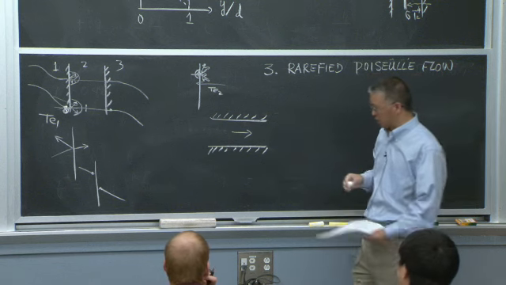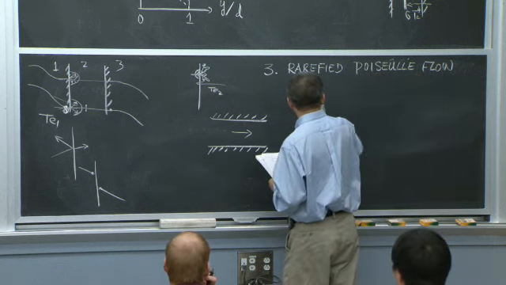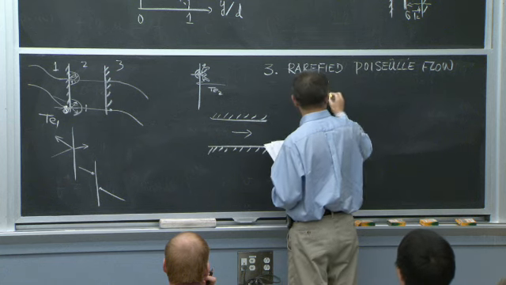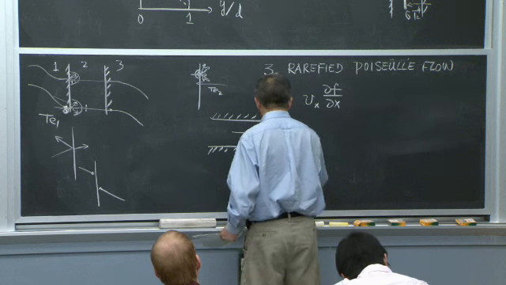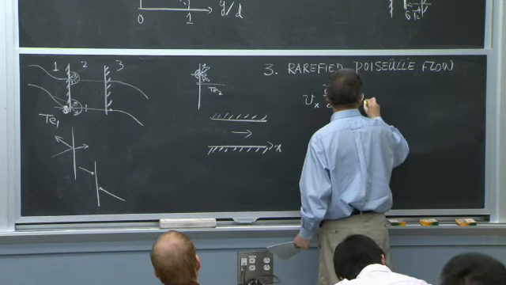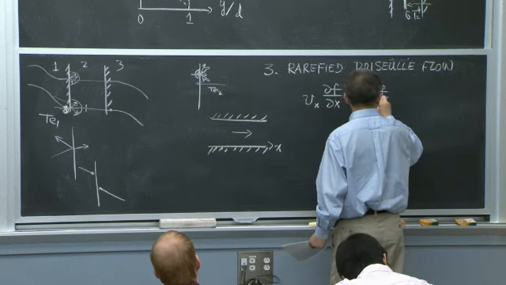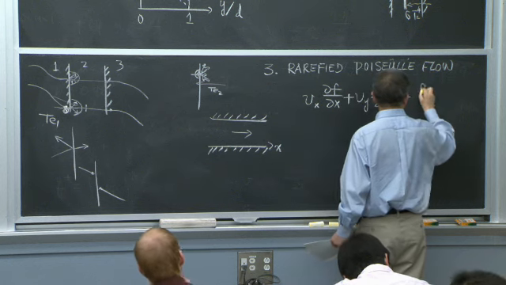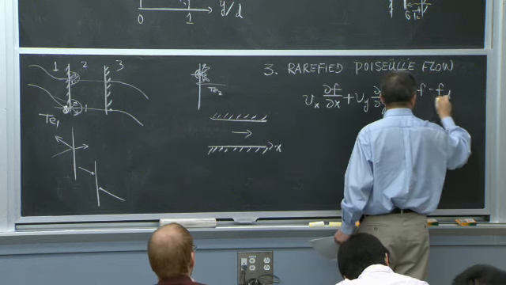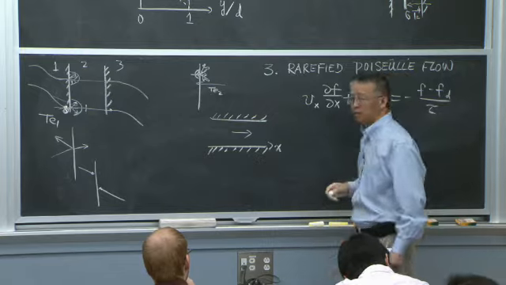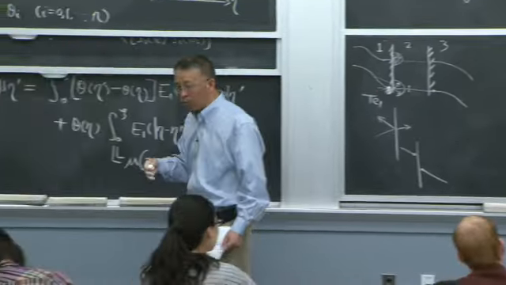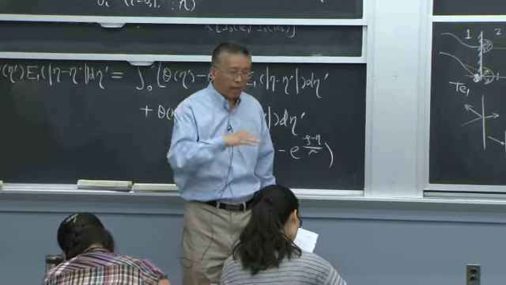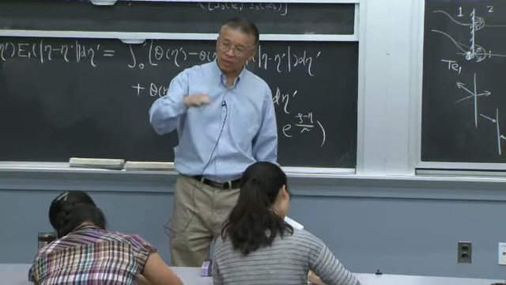And in this case, we wrote down the Boltzmann equation: vx df/dx, this is my x direction, and my y, vy df/dy equals (f minus fd) over tau. That's my relaxation time. And it's not f0, because I have a non-zero fluid velocity, an average velocity.